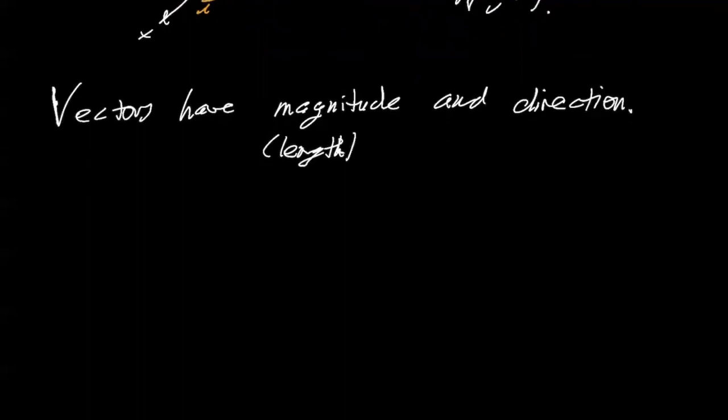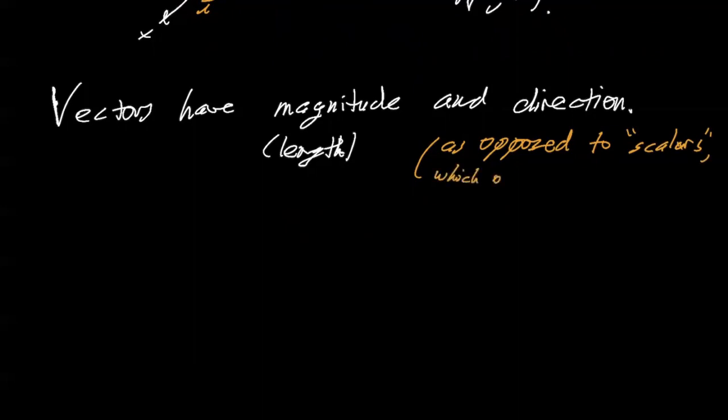So like I could say here, as opposed to what are called scalars, which you've probably heard that word for just a constant. You can think of it as a scaling factor. And scalars only have magnitude, no direction.